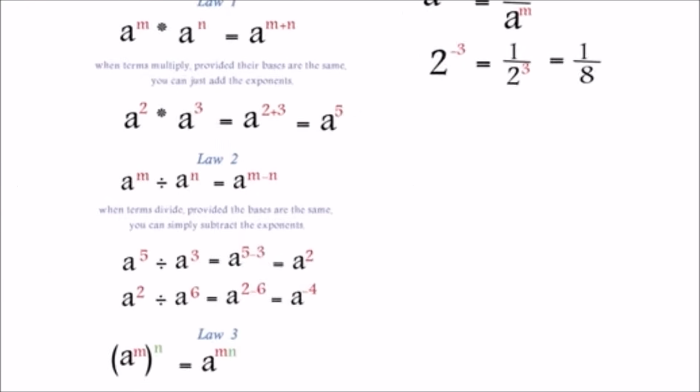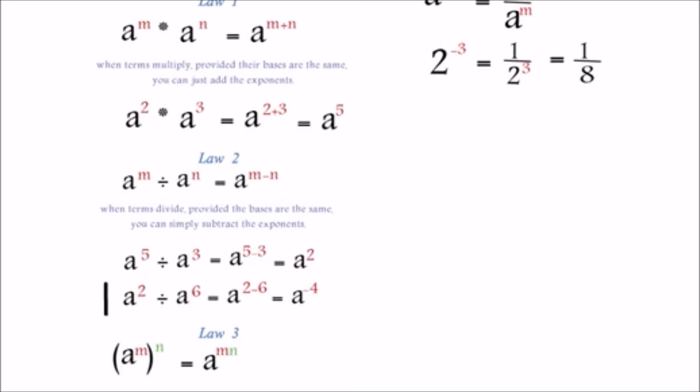So going back to the second example of Law 2, where we had a exponent negative 4, we now know we can write it as 1 over a exponent 4. Your ability to move between these two will make the next lesson easier to understand.